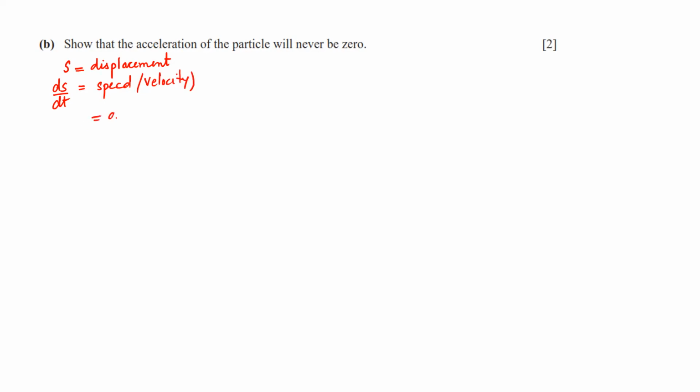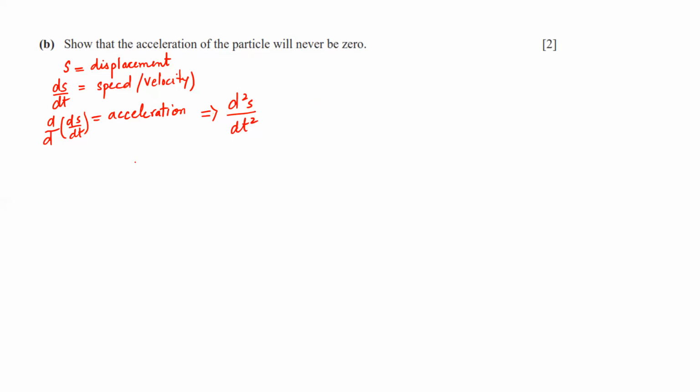To calculate the acceleration, we have to take the derivative of the speed, or the double derivative of the displacement, d2s by dt square.